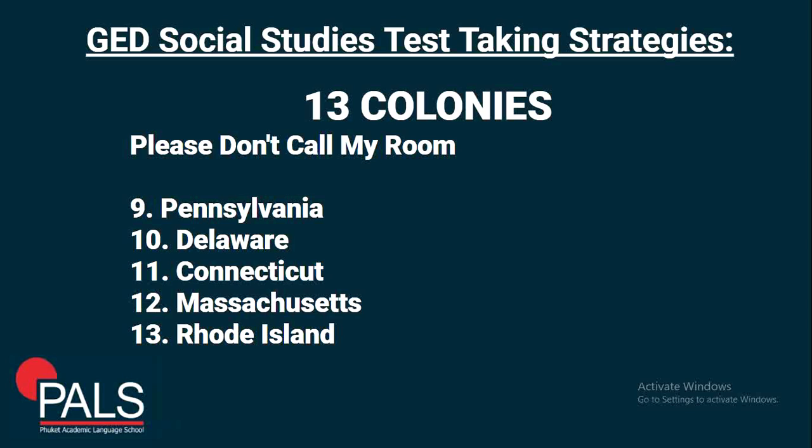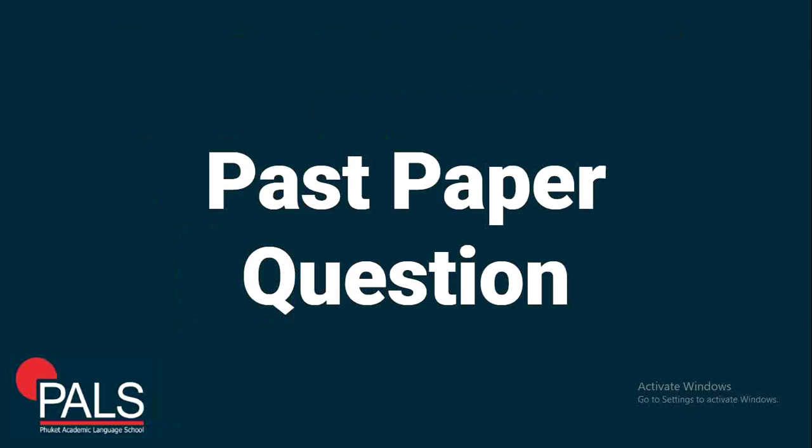Because of course there are some letters that are commonly repeated in the names of the states in America. So it would be better to do some extra research and also try to familiarize the state abbreviations. All right. So let's try to do a past paper question related to the topic that we have.